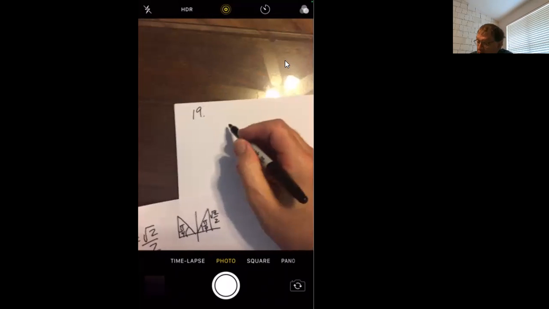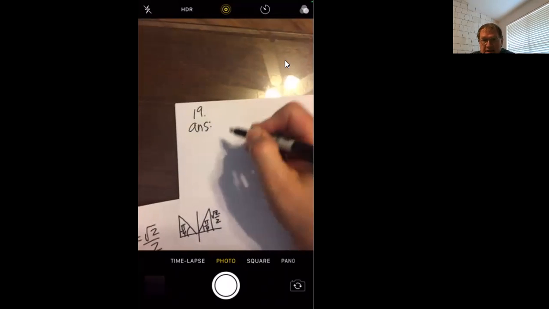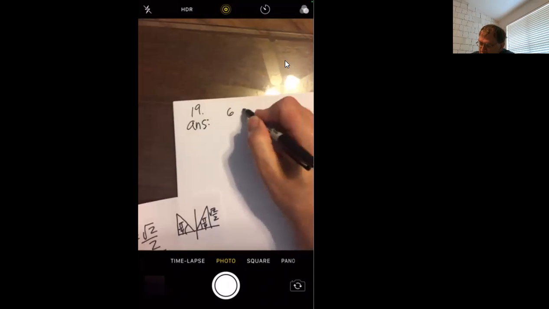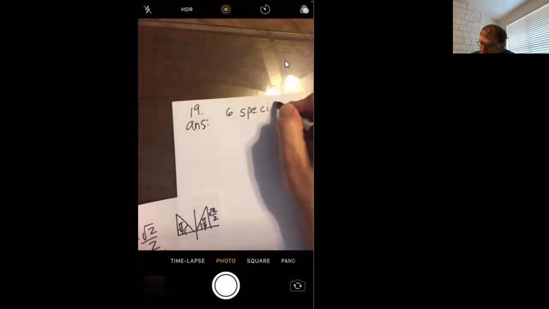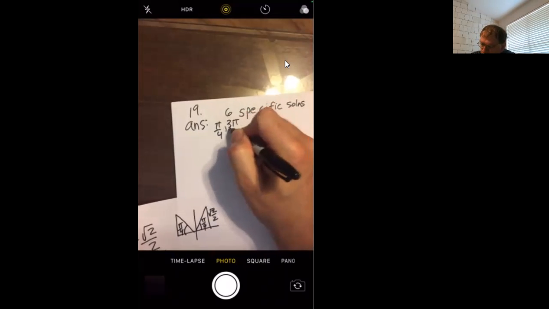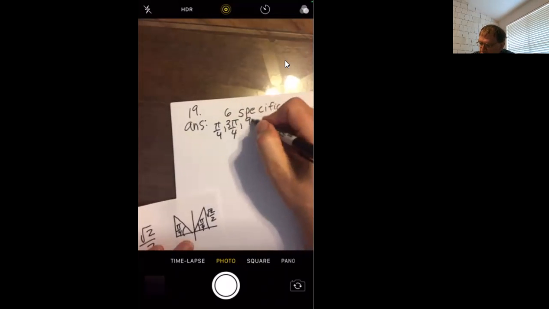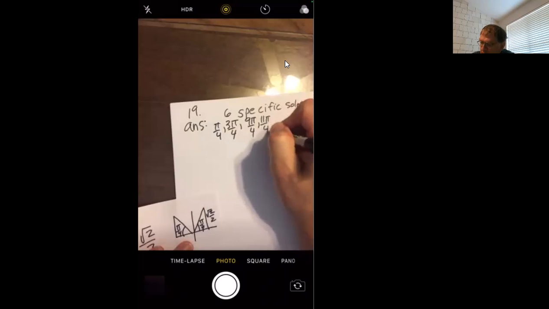Collecting them all: the book may have gone backwards, but it didn't really say which 6 specific solutions. Pi over 4, 3 pi over 4. Then you're adding 8 pi over 4, which is 2 pi, so you get 9 pi over 4, and there's a 2 pi over 4 difference, so you get 11 pi over 4.